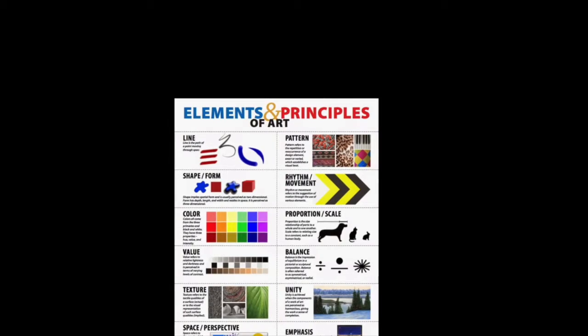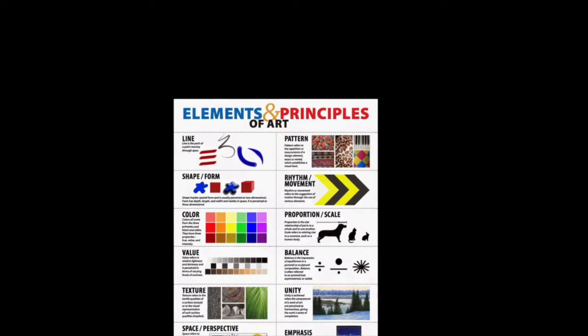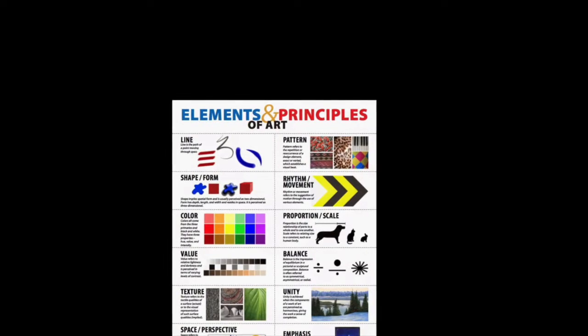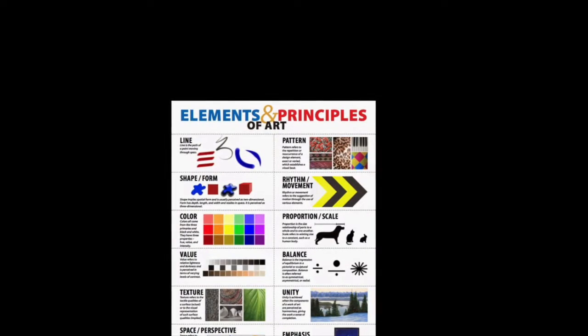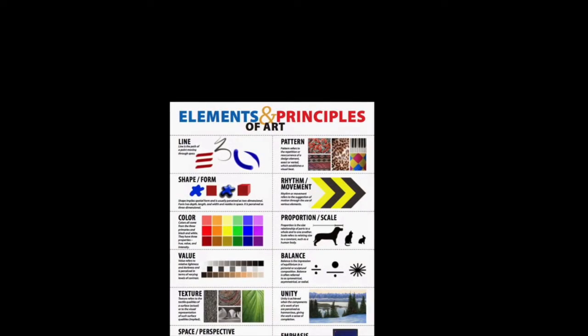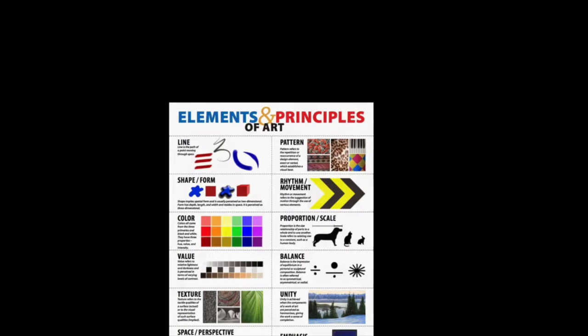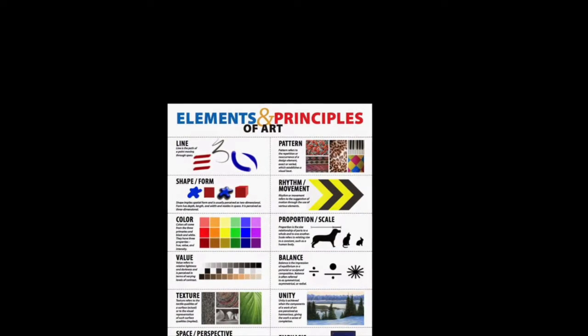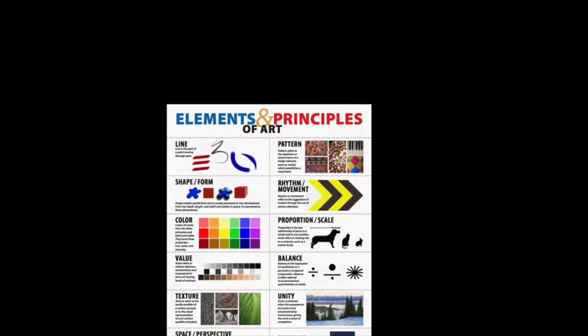But if you're having, let's say, a landscape or a cityscape or something, and you're looking down a street, well, the buildings should be getting smaller and smaller and smaller the further they get away from the foreground right there at the bottom of your page. So that's really important if you want to give a sense of an accurate perspective.